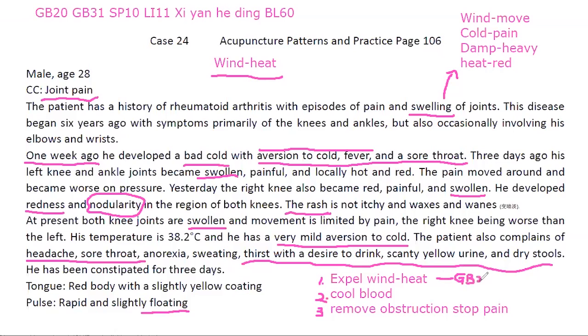That's 1 point there. And cooling blood, we need 1 point. In this case, the book uses Spleen 10, working on the blood. And to remove pain, stop pain, especially for the knee, that's why we have Xiyan there.